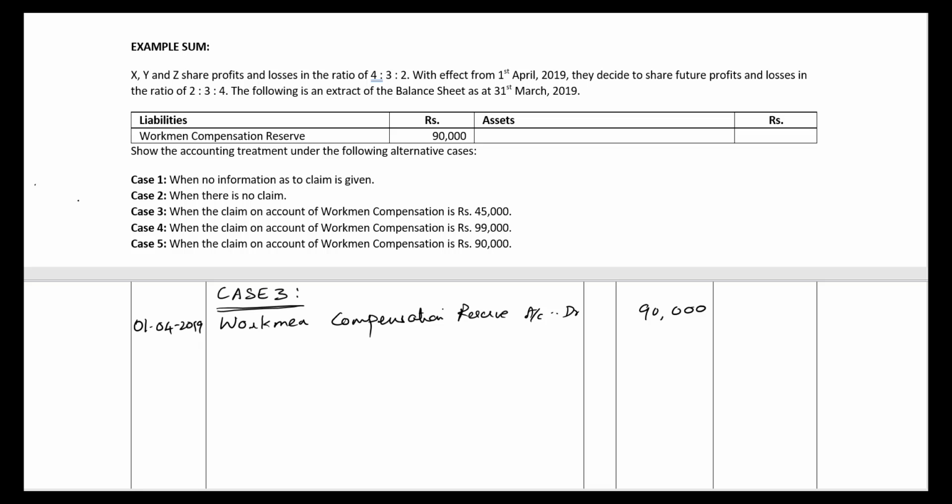Out of this, the Workmen Compensation claim will be 45,000, and the remaining 45,000 rupees will be transferred to X, Y and Z in their OPSR.